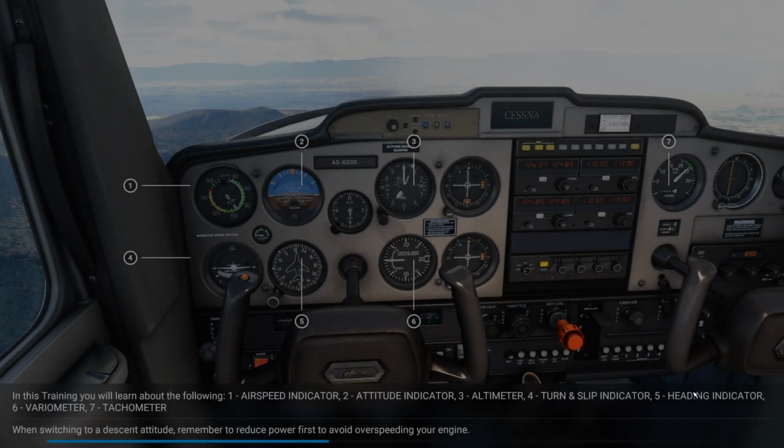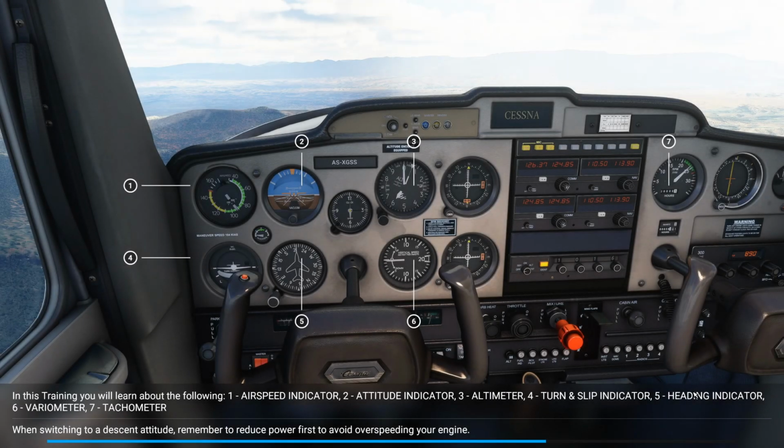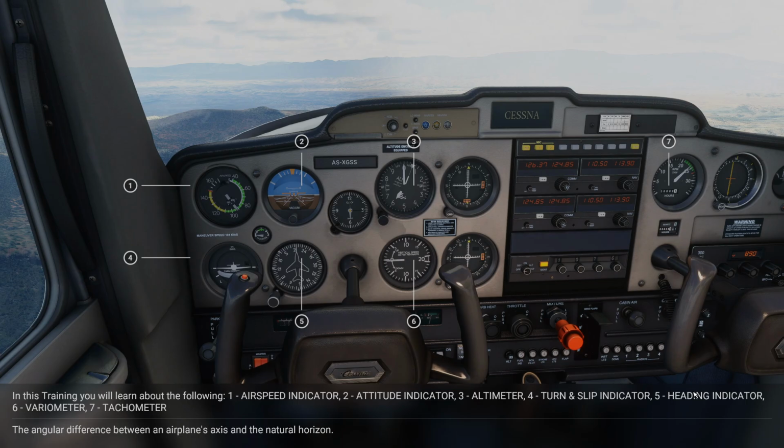I did a few of these lessons already, and I thought they were lacking some information. Of course, you can go ahead and do them, but the idea with this is I will try to show you how they're supposed to be flown, or how you would fly them at flight school, and what you should actually focus on, other than the things that our lovely instructor Jess is telling us.